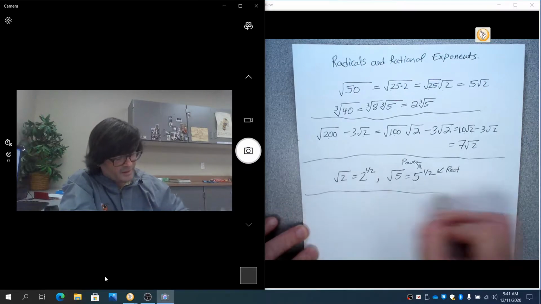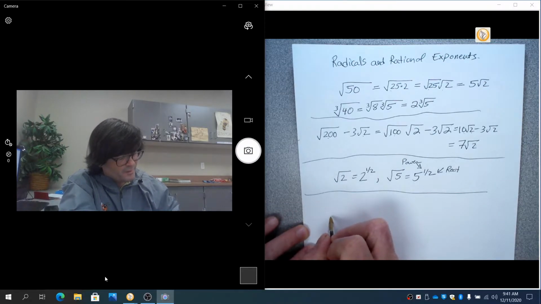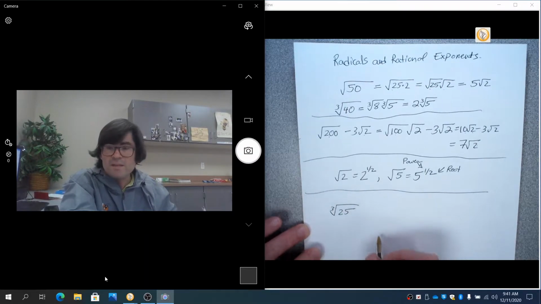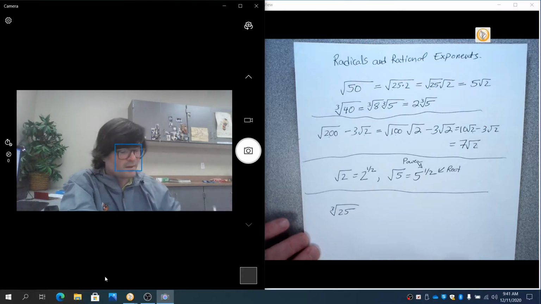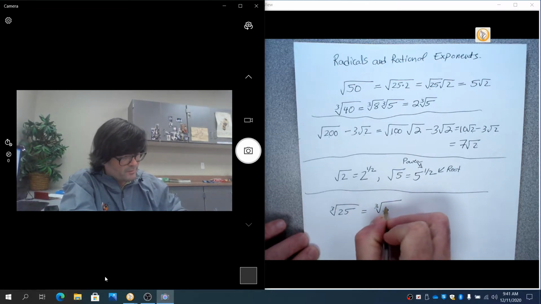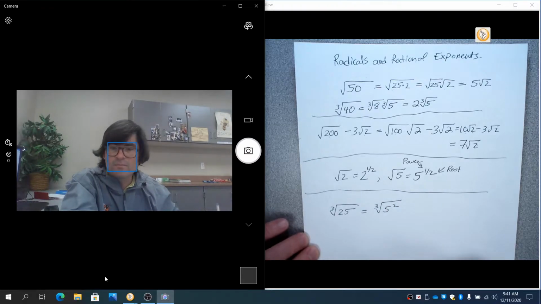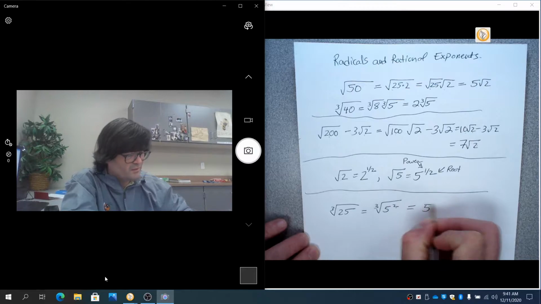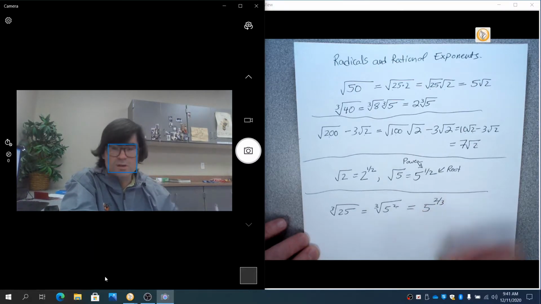If you had something like the cube root of 25, that doesn't have a nice root, but you could write it like this: the cube root of 5 squared. That's the power, that's the root. This is the same as 5 to the 2/3 power.